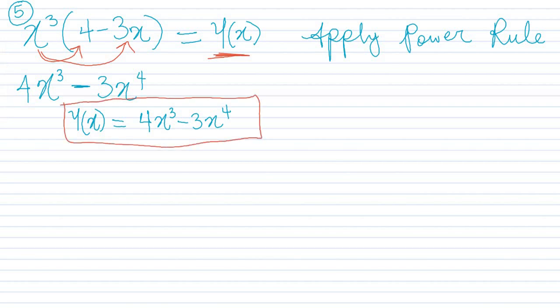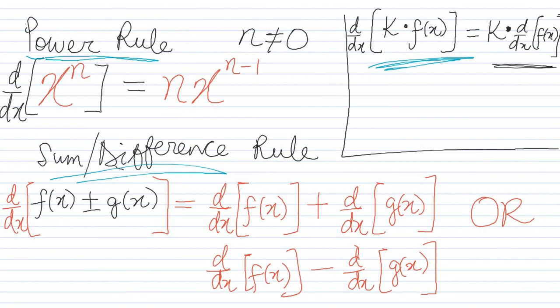The first thing we now do is take the derivative of the function. So we have d/dx of 4x cubed minus 3x to the fourth. You'll be wondering, how do you solve this? Remember what I showed you in the sum and difference rule?